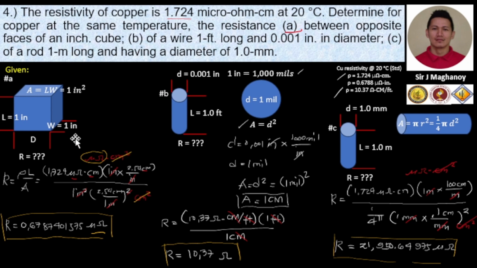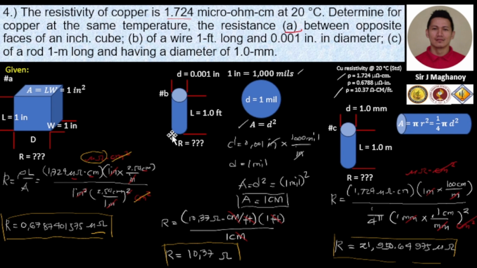So we cancel out. The remaining unit is micro-ohms. So finally, our answer for letter A, the resistance between opposite faces of an inch cube, R is equal to 0.6787401575 micro-ohms.